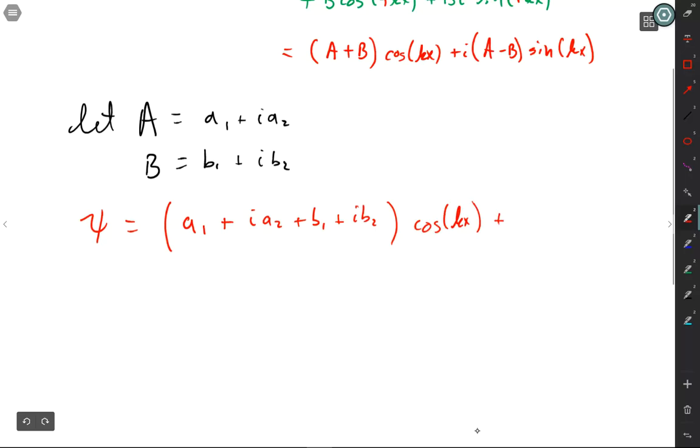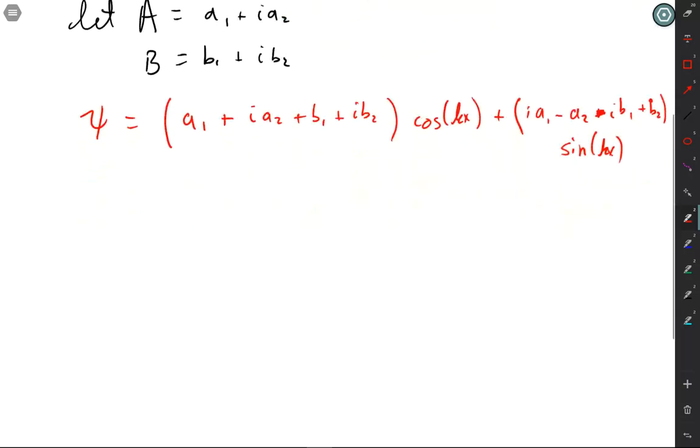cosine kx plus, and I'm going to bring the i's inside, so it's going to be (ia1 minus a2 minus ib2 plus b1). Here we have space.